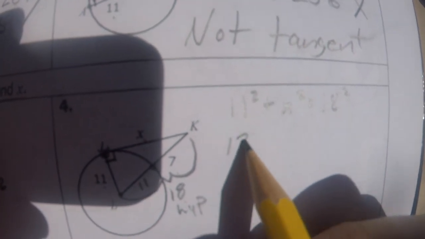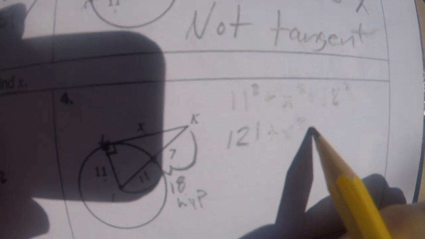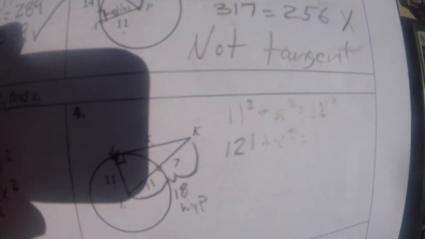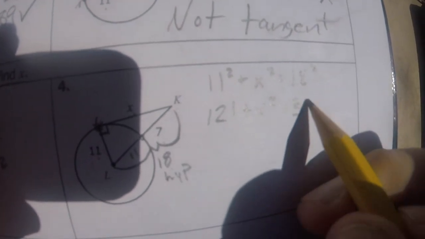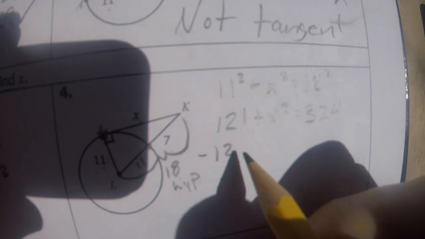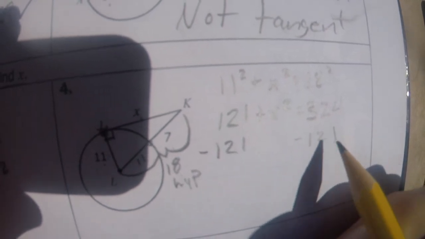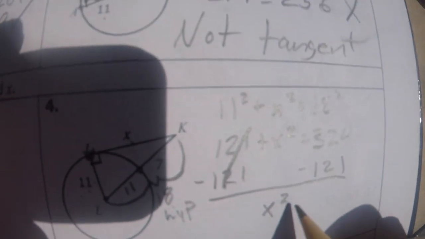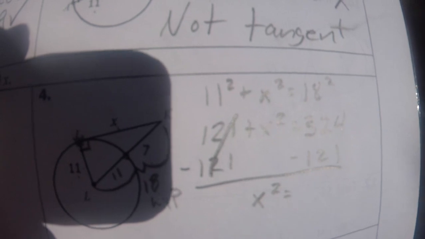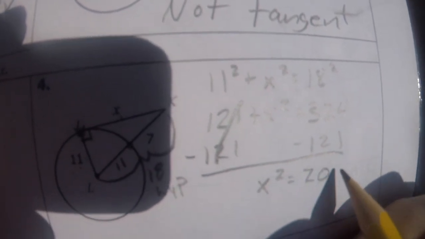11 squared is 121. 18 squared, I always forget that one too. I'm rusty on my perfect squares. 324. All right, looks like I have to subtract 121 out. And I get X squared equals 324 minus 121, which is 203.